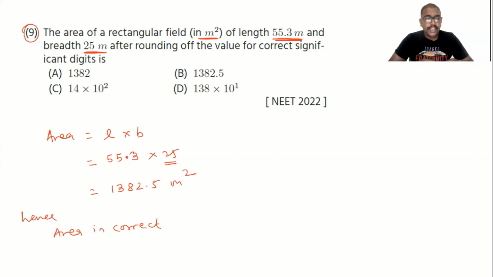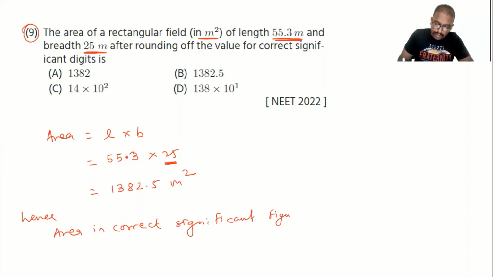After doing the multiplication, whatever answer we get also has the same number of significant figures as 25 has. 25 has two significant figures, so the area we have to write up to two significant figures.